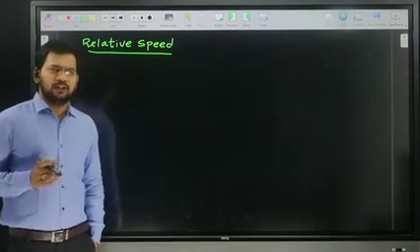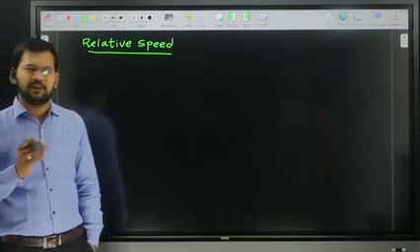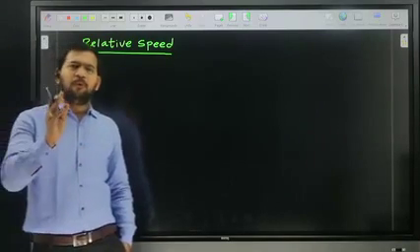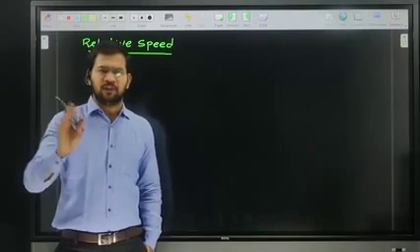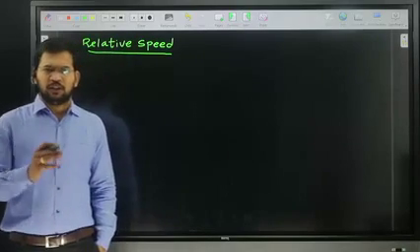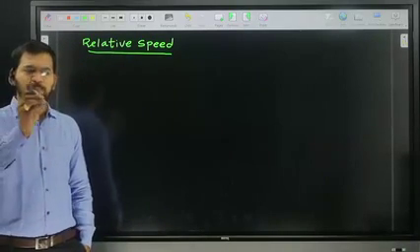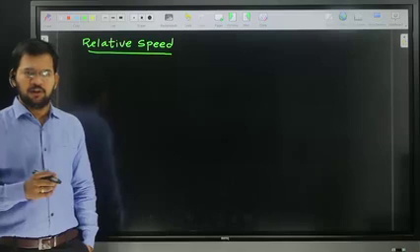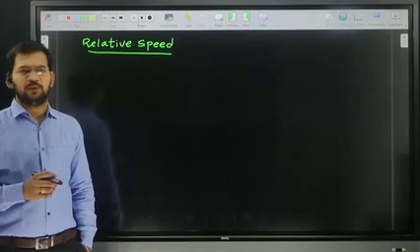Relative speed is nothing but, for example, if only one object is in motion, that object's speed is nothing but the relative speed.